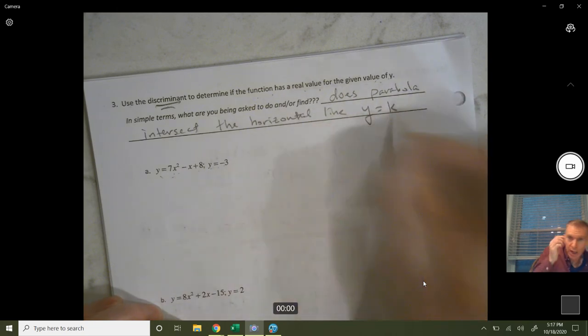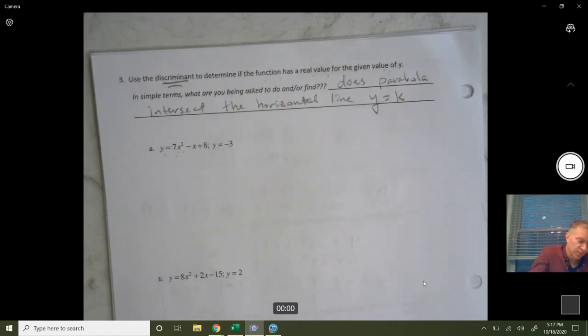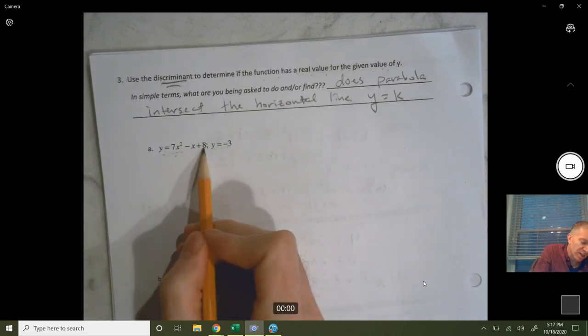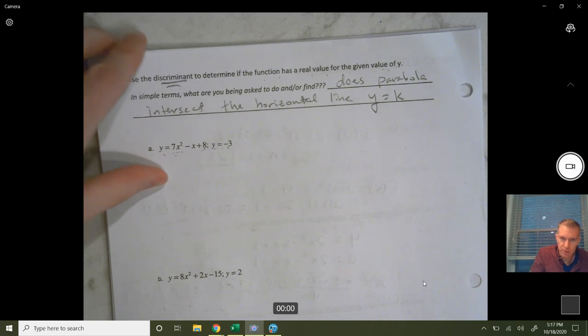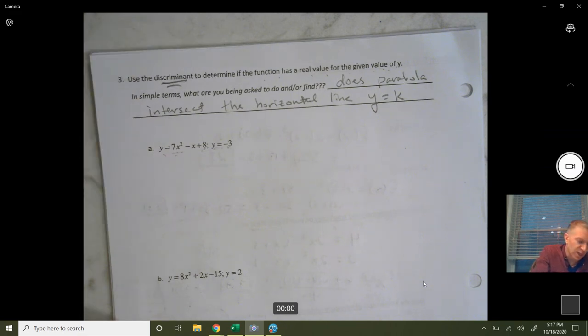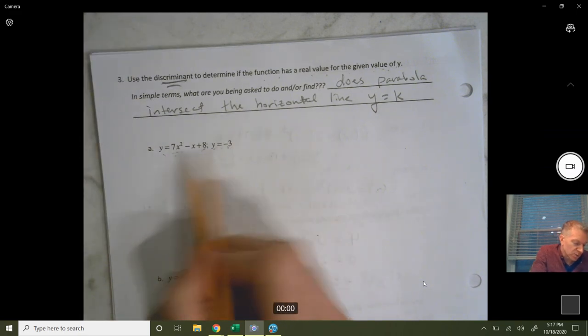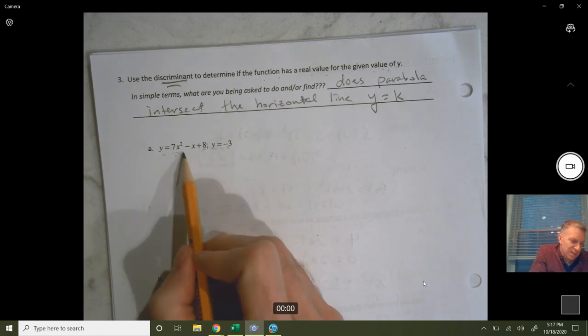So let's just put y equals k, meaning some constant. Does this parabola ever intersect this line of y equals -3? You don't actually have to find the x values. You could. We just did a few problems on the previous page where you found the x values where the y value is equal to -3, but we're not being asked to do that.